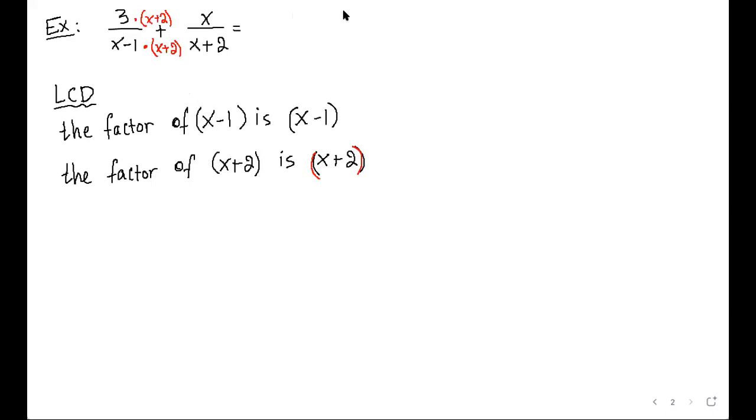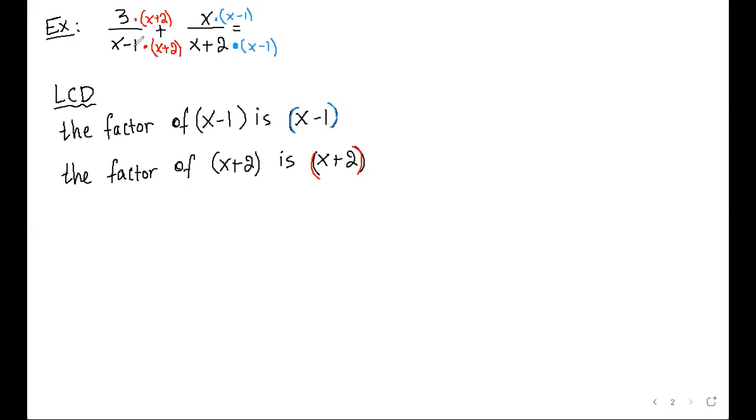For the second fraction, we multiply by the factor x minus 1, so both numerator and denominator by x minus 1.